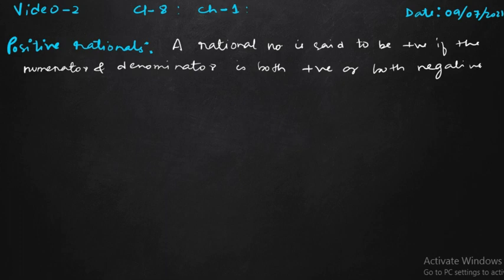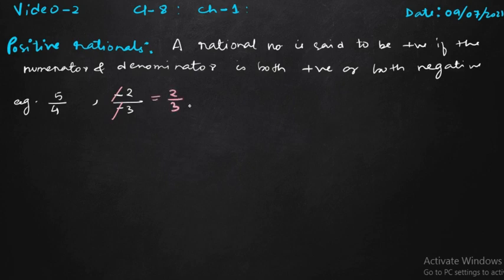Okay, that means if we take some example, suppose 5 by 4. Here the numerator is positive, 5, and the denominator is also positive. If we take both negative, suppose minus 2 by minus 3, this is also a positive rational number.